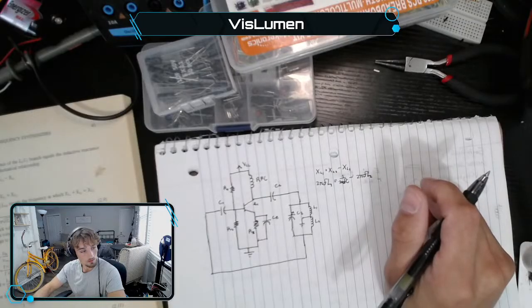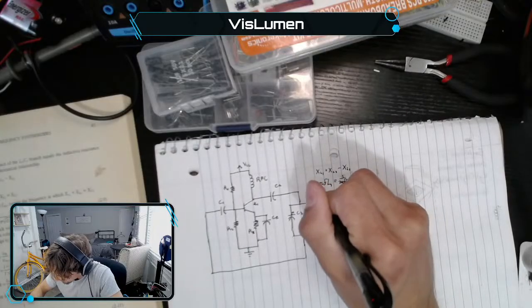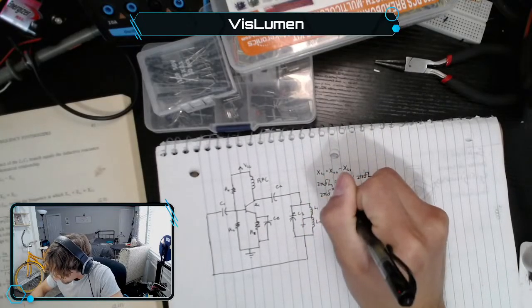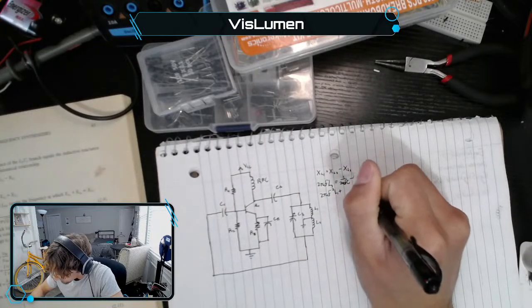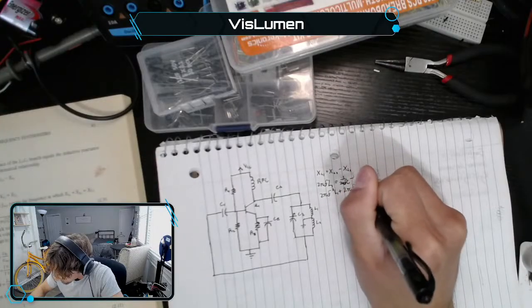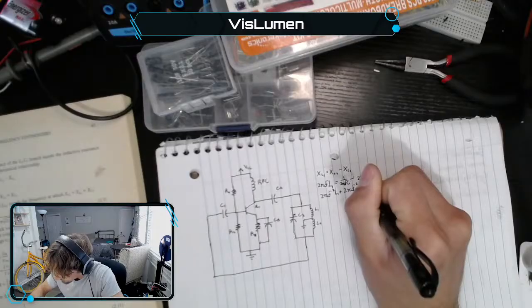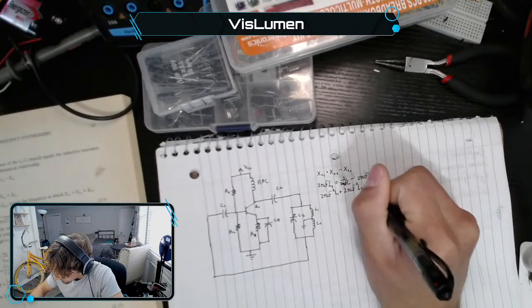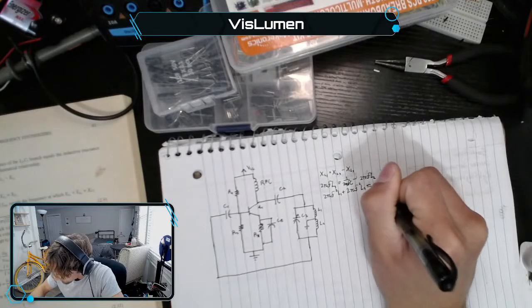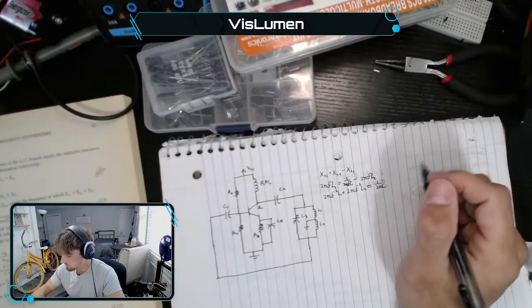Okay. So we're gonna multiply by f: 2 pi f squared L1 plus 2 pi f squared L2 equals 1 over 2 pi C. Okay, yes.